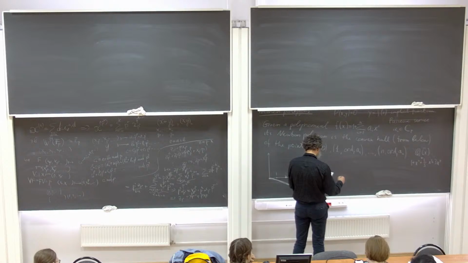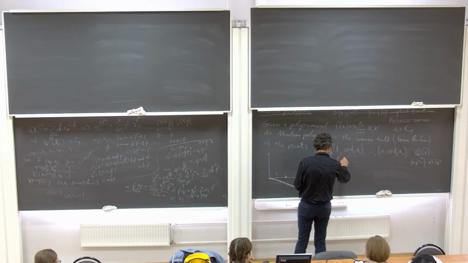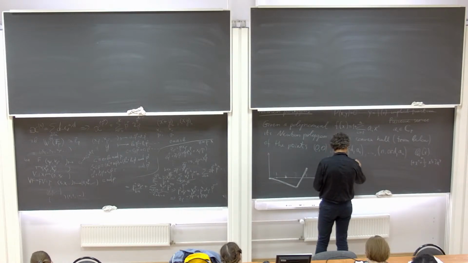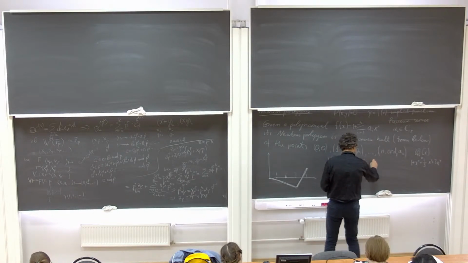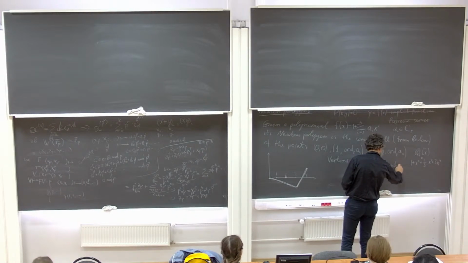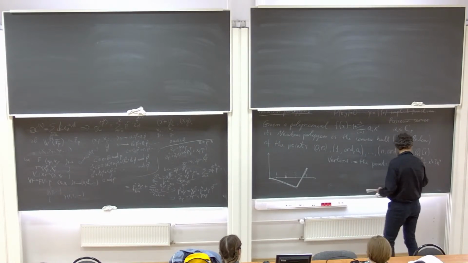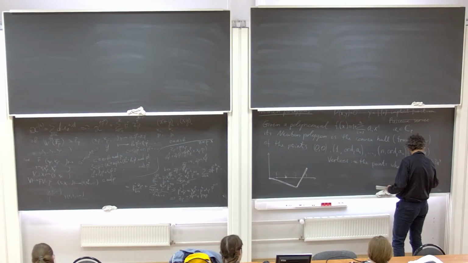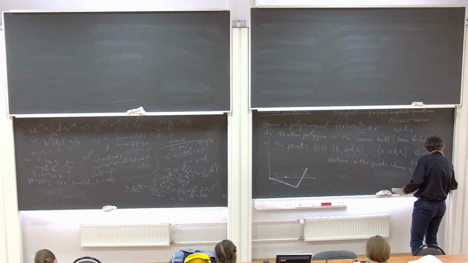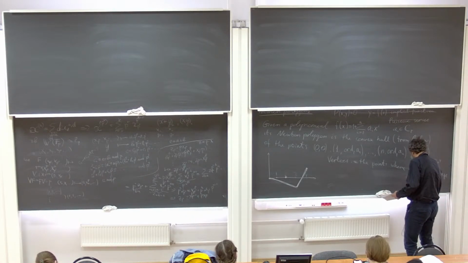So, there is some terminology. The vertices are the points where the edges change their slope.